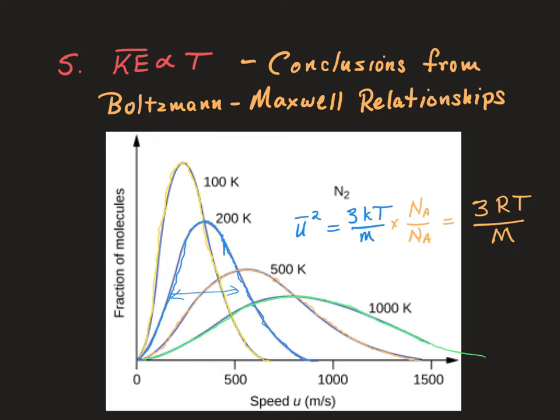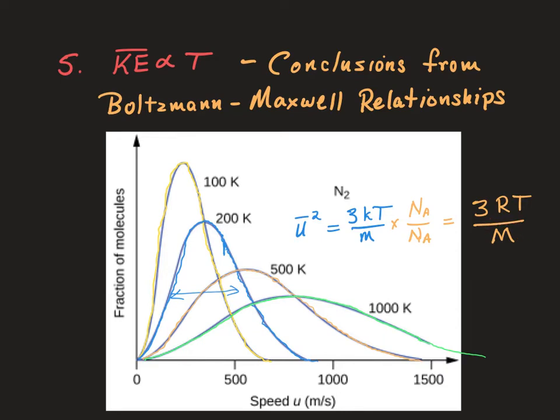And so we get this relationship that the average speed can be calculated to be 3 times the gas constant R times the absolute temperature divided by the molar mass.